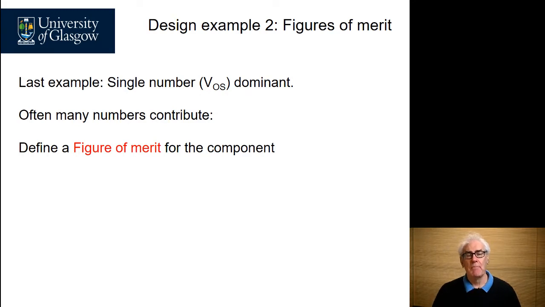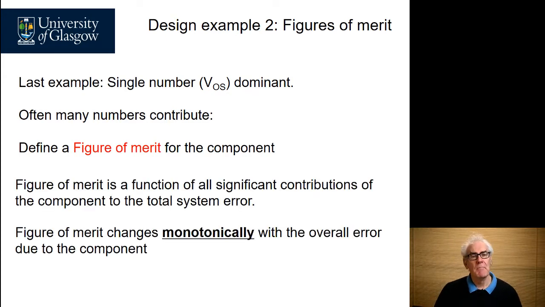So in the last example, we had a single number, which was the offset voltage, which dominated the specification. But often many of the different parameters contribute, so how do we choose? So let's try and define a figure of merit. A figure of merit is a function of all the significant contributions to an error that gives a total system error.